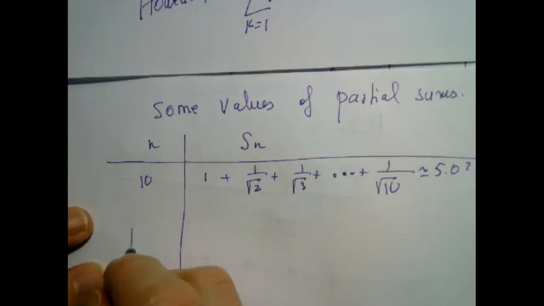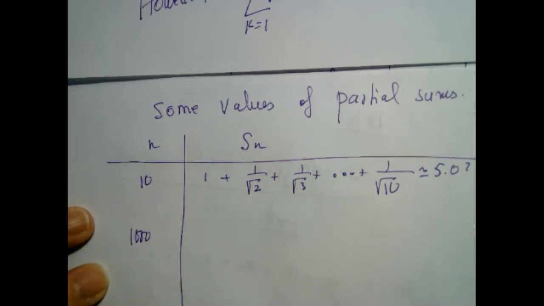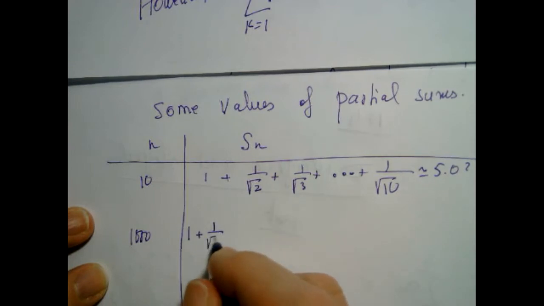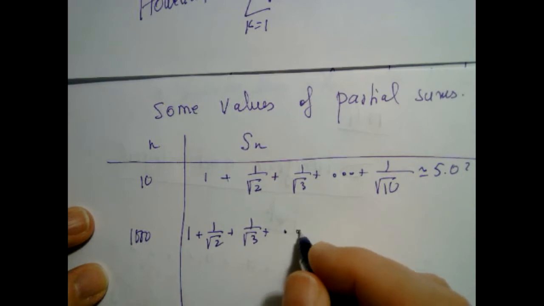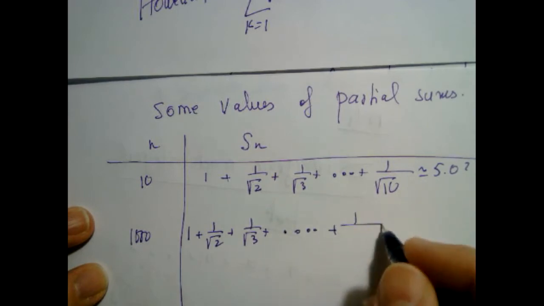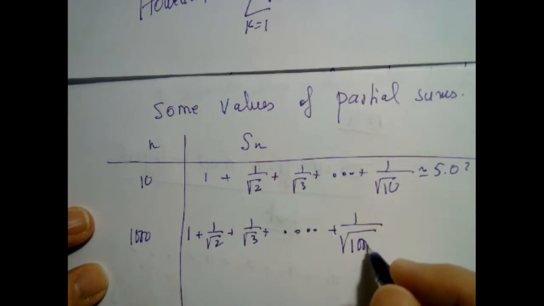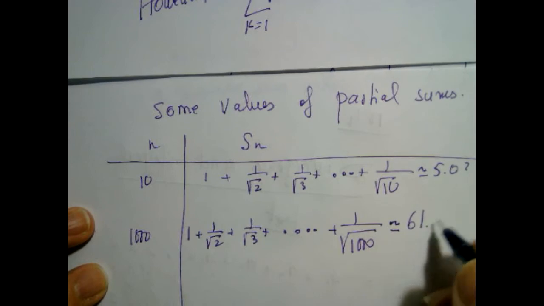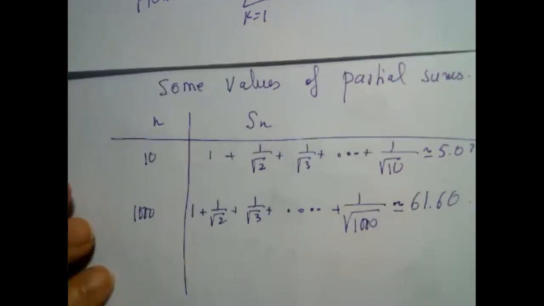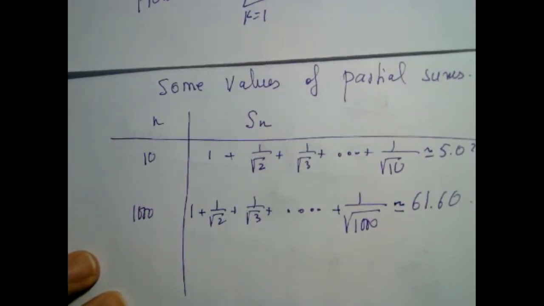Suppose I am ambitious, I add the first 1,000 terms. This is not a proof, it just tells you that 1 over the square root of 1,000, I keep adding and adding, and then I'm going to get something like 61.6. Okay, so the sum is getting bigger.